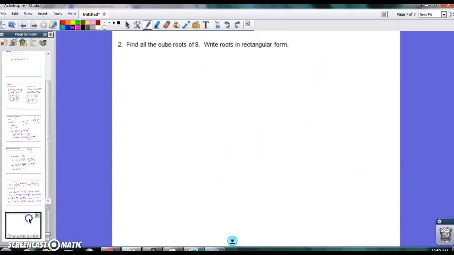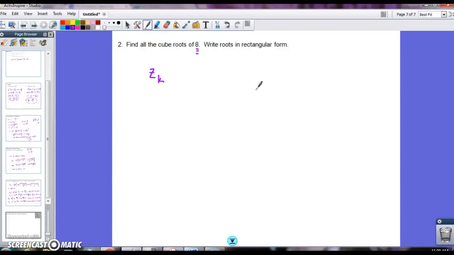And the last one is to find all the cube roots of 8, and it says write the roots in rectangular form. Okay, so the first thing, we're doing z sub k, and we have to go through and figure that out. Problem is, this is in rectangular form, and I need it to be in polar form.